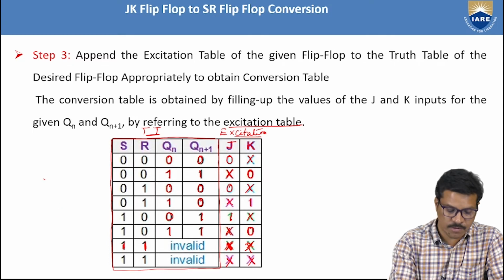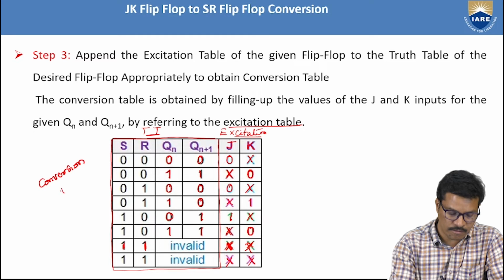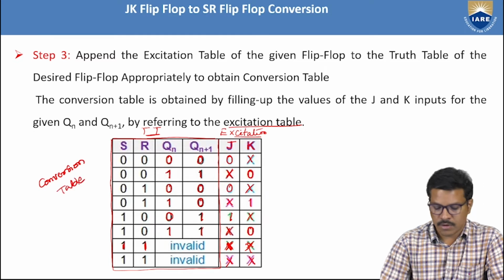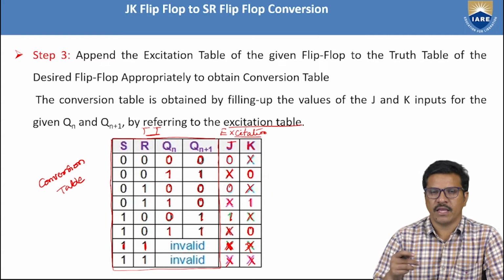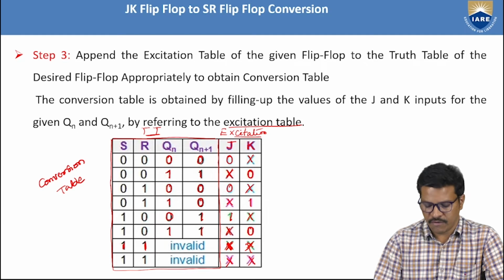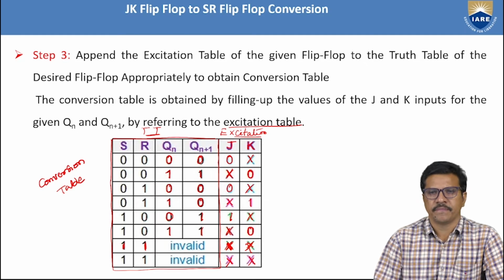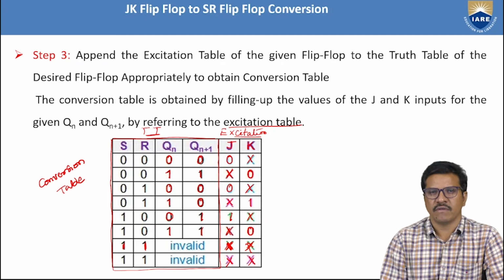This conversion table now helps in preparing the K map to obtain the equation for the desired flip-flop inputs. So we have a JK flip-flop.